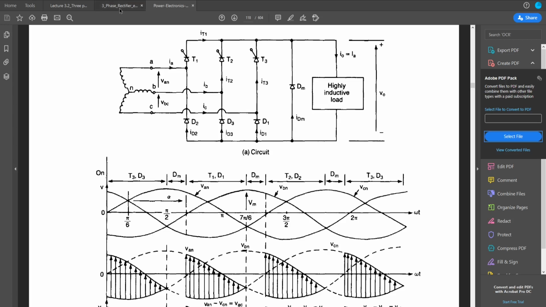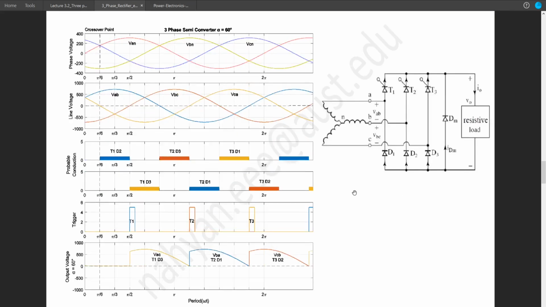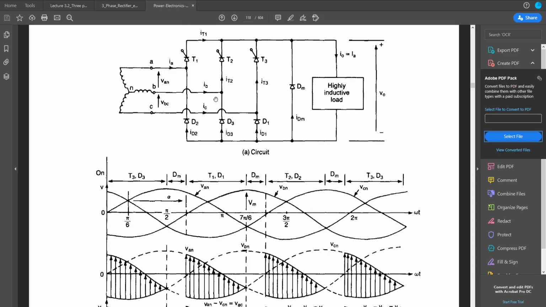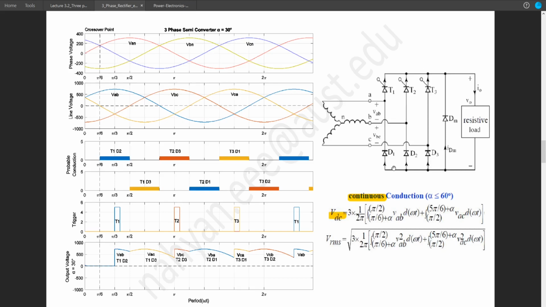So I have changed it to D1, D2 and D3 to maintain a symmetry. So this pattern shouldn't be memorized as it is in this book, because if you draw it like this, D1, D2, D3, it will be much simpler.